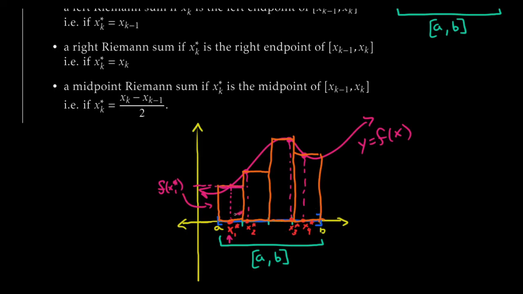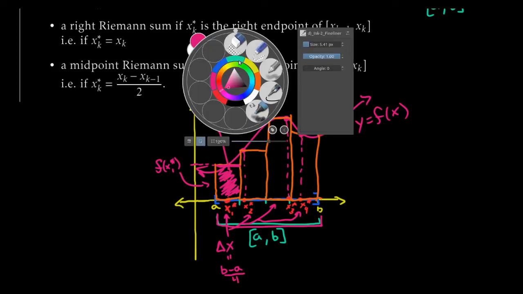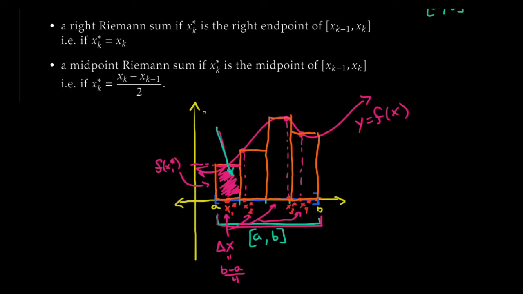And so notice each of these intervals has a width of delta x. In this case, delta x would be given by b minus a, this length right here, all over 4, since I split it up into 4 pieces. So this area, let me do another color so it doesn't get too messy, this area is f of x1 star times delta x.